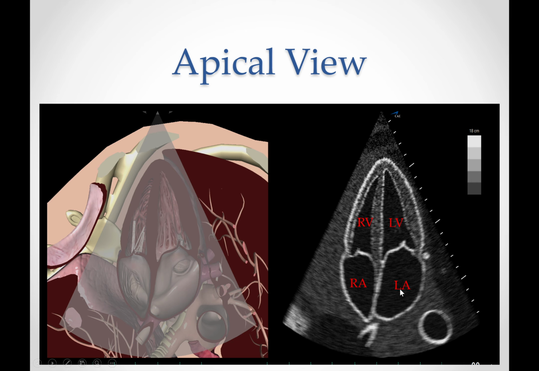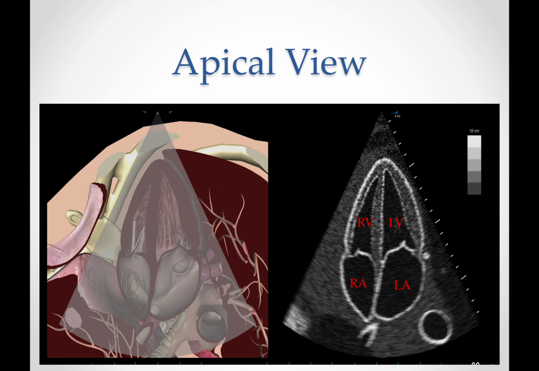You can always tell the difference between the left ventricle and the right ventricle by the thickness of the myocardium. Remember that the left ventricle is muscular, and hence the myocardium is thicker than the right ventricle. Also remember that the right ventricular size is about half or 0.7 of the left ventricular size.